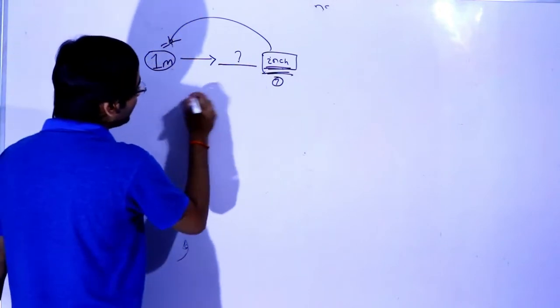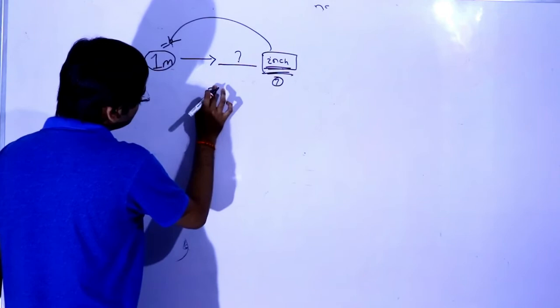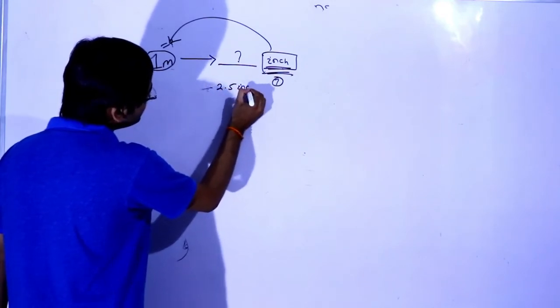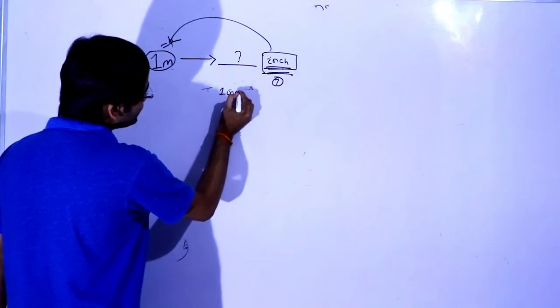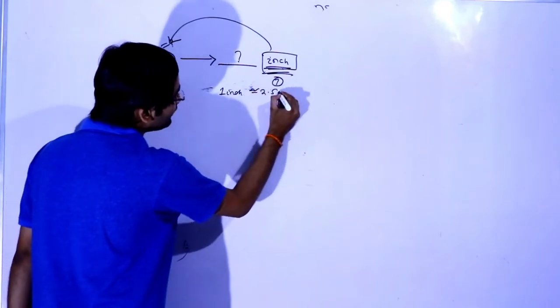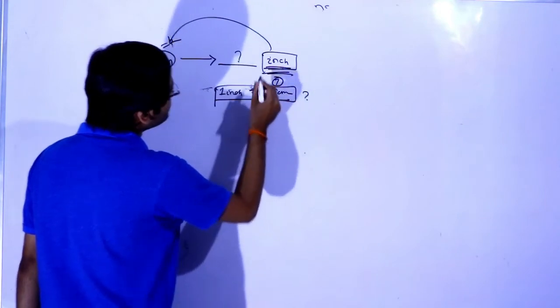So I know that 1 inch, sorry, my mistake, 1 inch is approximately equal to 2.5 centimeter. So how can I write that?